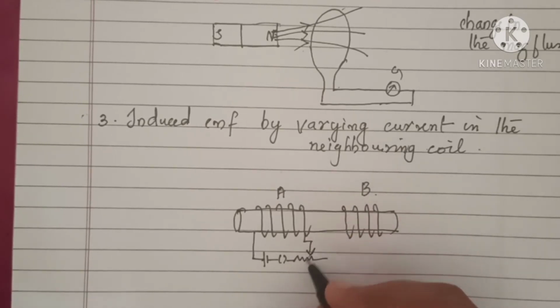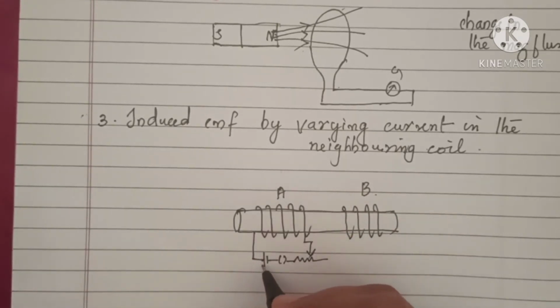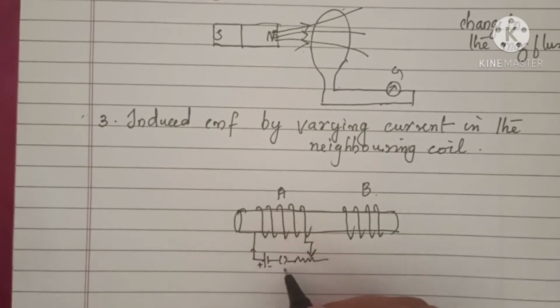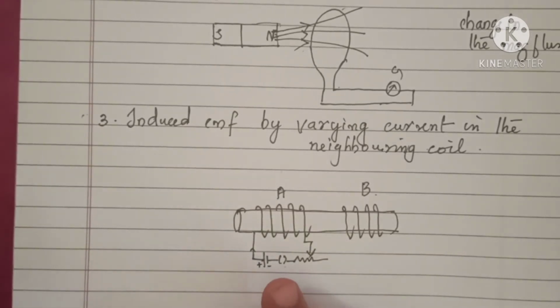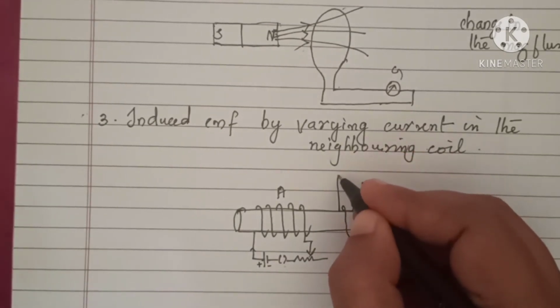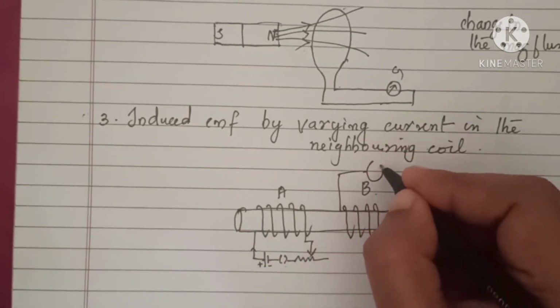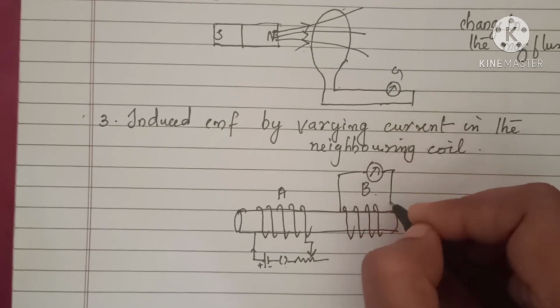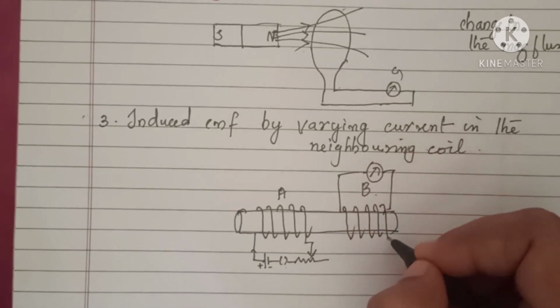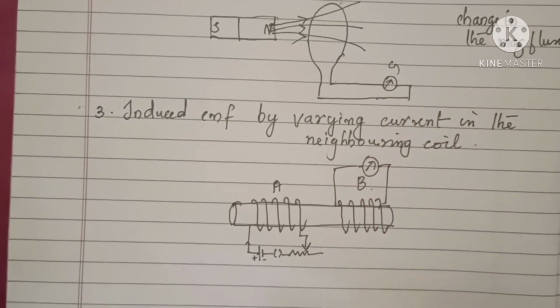The secondary coil is connected to a galvanometer in order to note whether there is any amount of current produced.